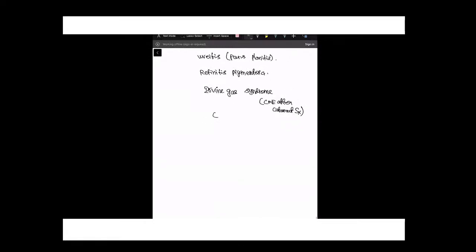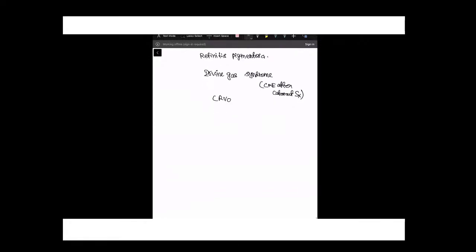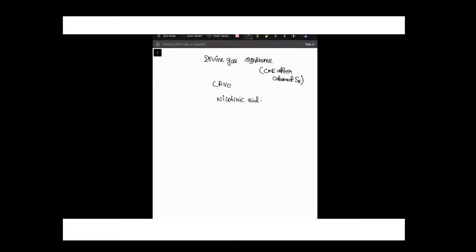It can also be due to CRVO, nicotinic acid, or post surgery of the eye. The more common cause is going to be diabetes.